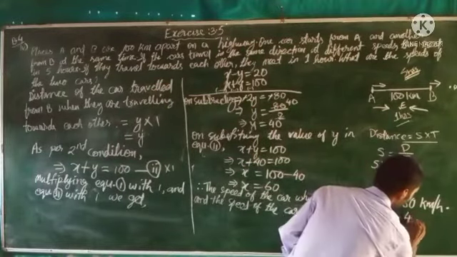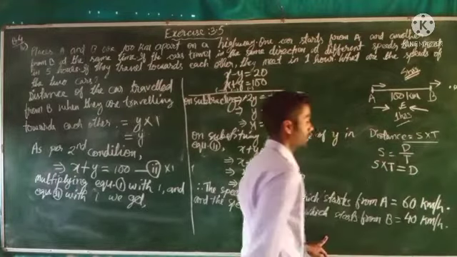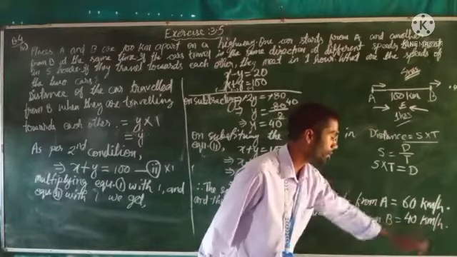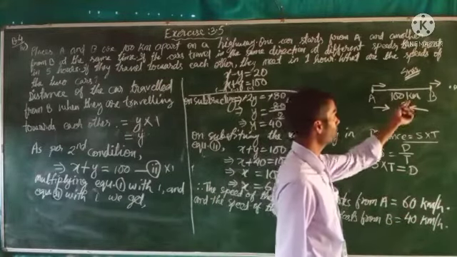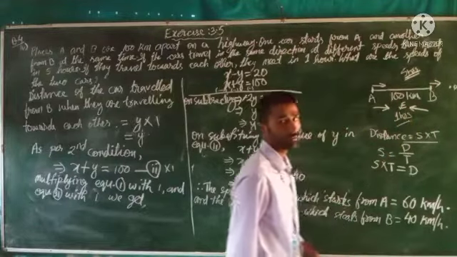So 40 kilometer per hour. That is our answer. That is, if they are traveling 60 kilometer per hour and 40 kilometer per hour, they are going to meet at a point, that is E, in 1 hour.